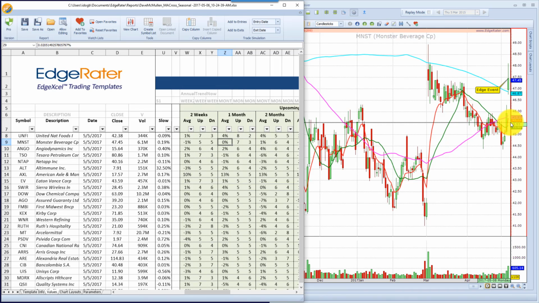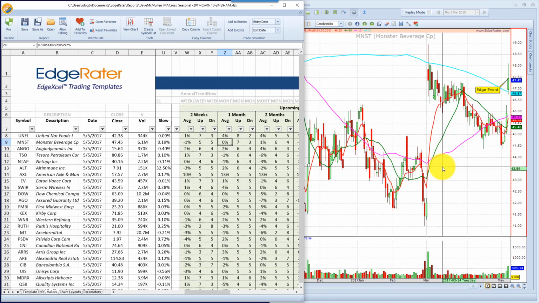Now, you know that a moving average cross on its own doesn't have a lot of statistical significance. That's been proven over and over again. If you just use a moving average cross to indicate entry points, you probably have a 50-50% chance of being right.